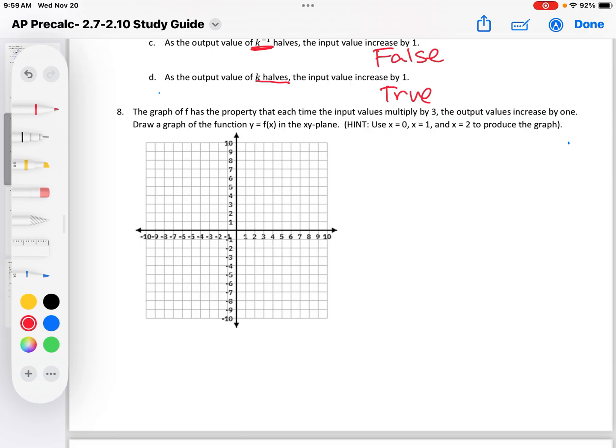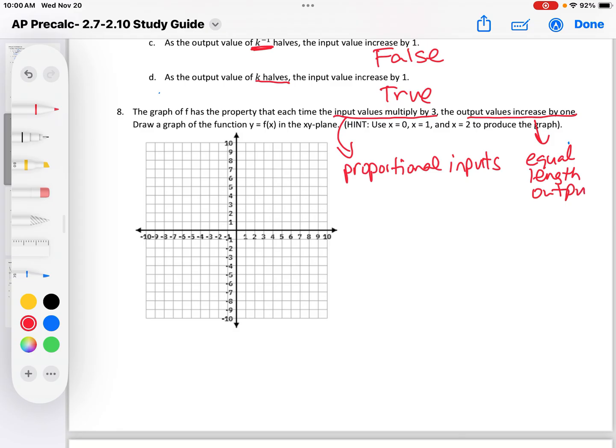Next one says the graph of f has a property such that each time the input values multiply by 3, so that means proportional inputs, the outputs increase by 1, so that's equal length outputs. So that means that the graph is a log graph.